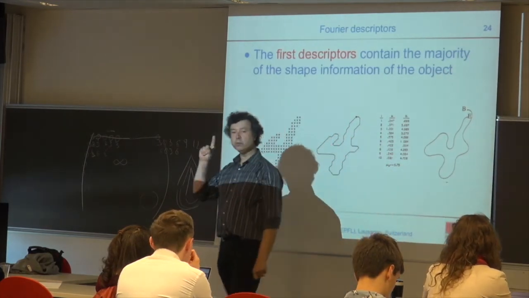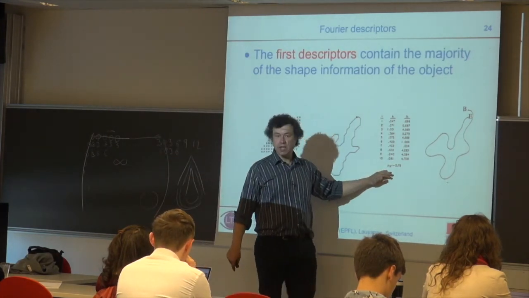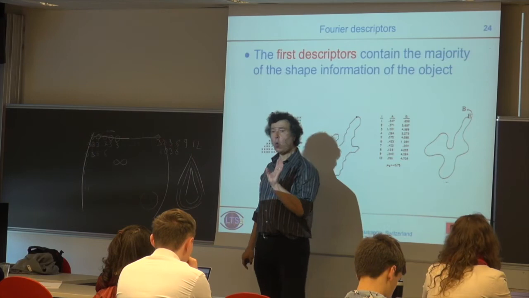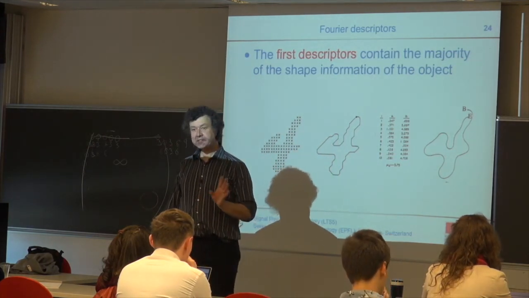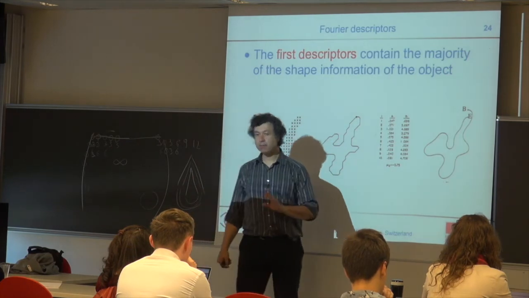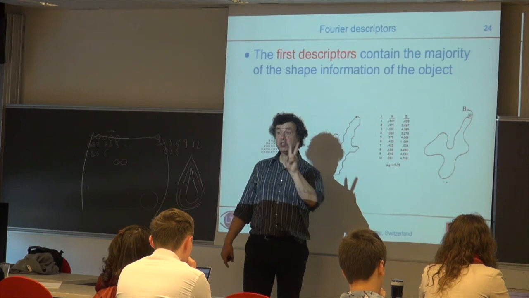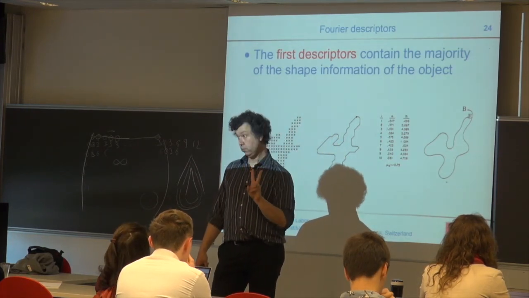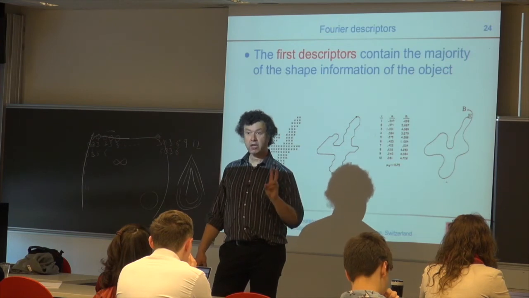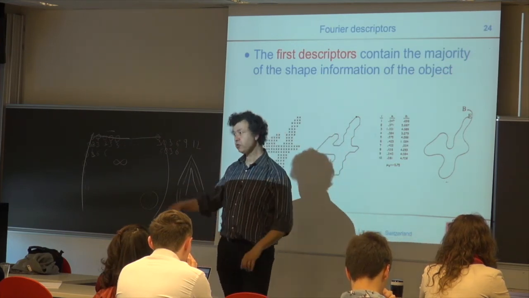Now, what you have to do? You have to recognize that in the low frequencies, you probably capture quite a lot of information already. And this is so nice that in many applications, those that we will see in the lab, only using the first two coefficients, only two, will already give you enough information to discriminate something versus something.